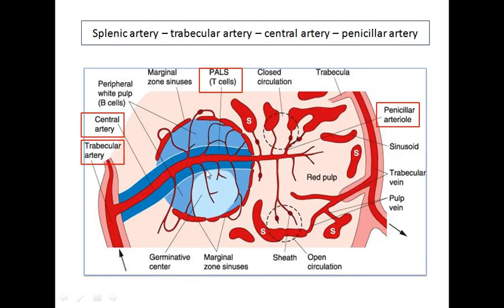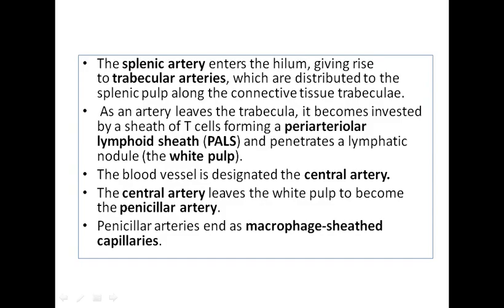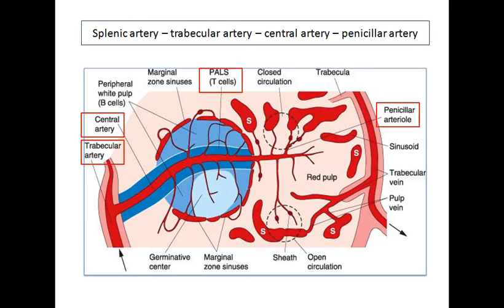And as we have discussed, all the lymphoid content is basically there in the white pulp, ठीक है. तो वो ये कह रहे हैं कि white pulp में अब ये एंटर हो जाएगी, राइट. The blood vessel is designated as central artery. This we have discussed. Now the central artery will leave the white pulp to become the penicillar artery. अब जब उसने white pulp को लीव कर दिया, इसका नाम हो जाएगा penicillar artery, ठीक है.